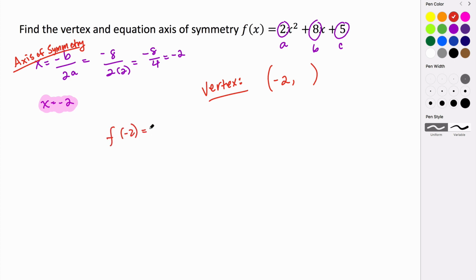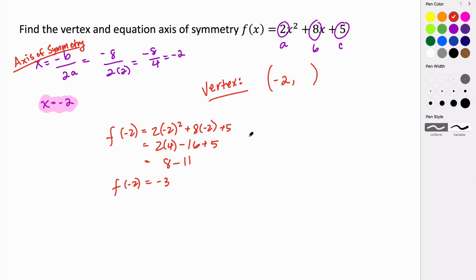We get 2 times negative 2 squared plus 8 times negative 2 plus 5. Negative 2 squared is 4, so this is equal to 2 times 4. 8 times negative 2 is negative 16, so minus 16 plus 5. This is 8, and then negative 16 plus 5 is negative 11. So 8 minus 11 is going to be negative 3. So f of negative 2 is negative 3.